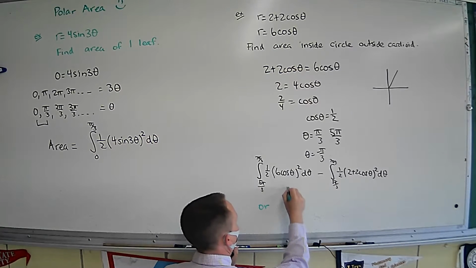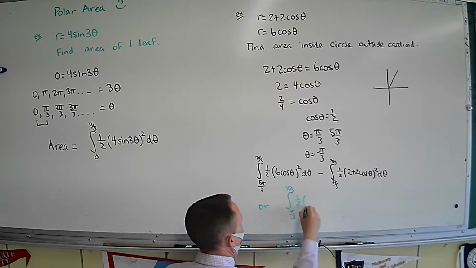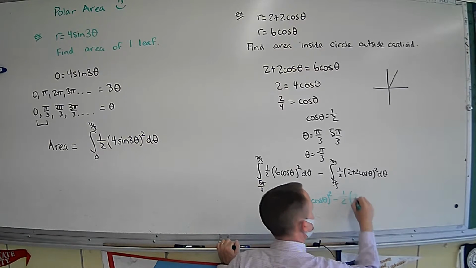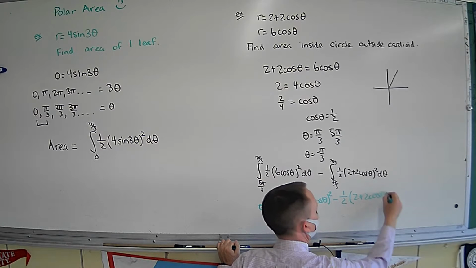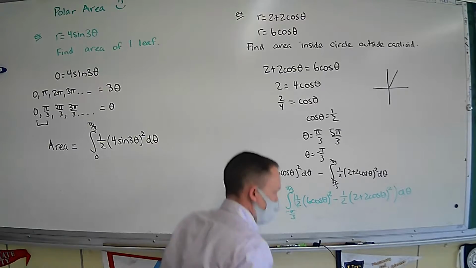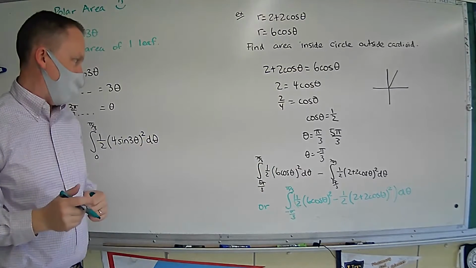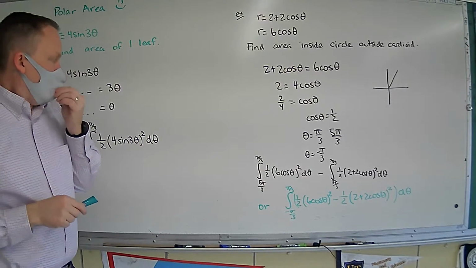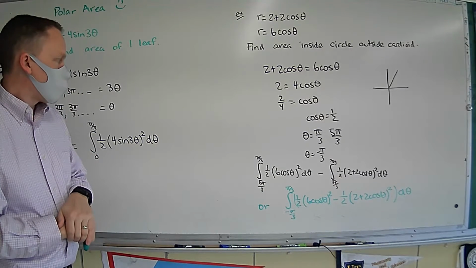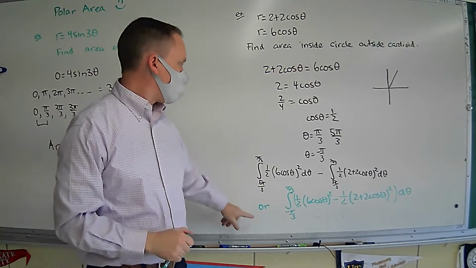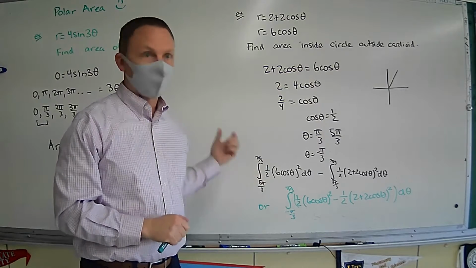This also works, negative pi over 3 to pi over 3 of 1/2 r squared minus 1/2 r squared d theta. And if you really wanted to get fancy, you could pull the 1/2 out and just have that as r squared minus r squared. Okay? So both of these work. I mean, they look very different, right? But they both work.